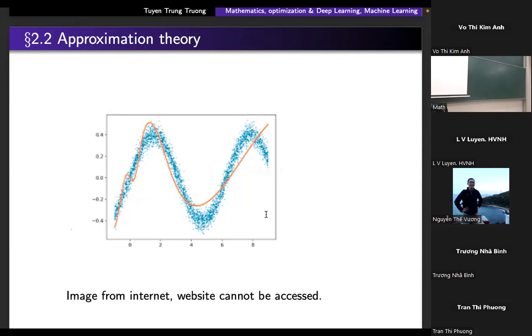At that time, neural networks were very simple, just like in the article that I mentioned before, so they were just that simple.